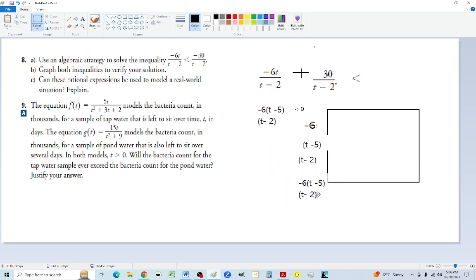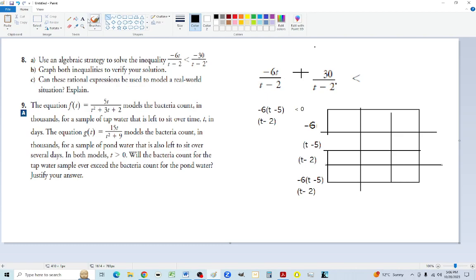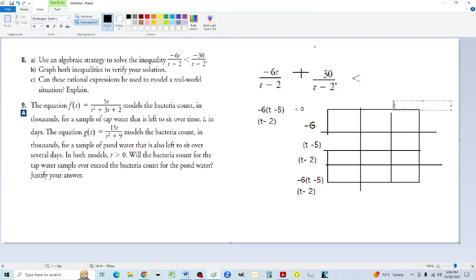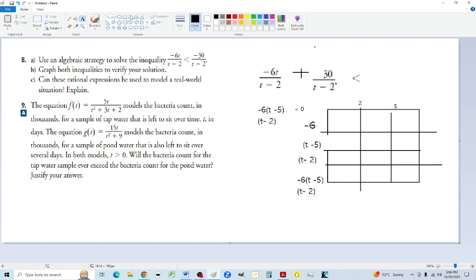Then this whole thing is down at the bottom. I only have 2 above 5 and above 2, so 5 and 2. And this is always going to be negative for minus 6.